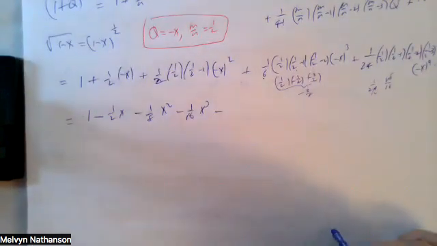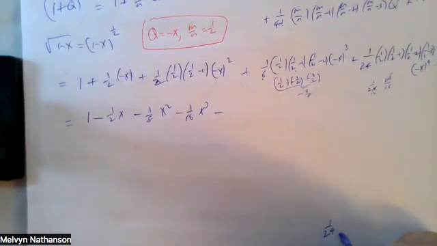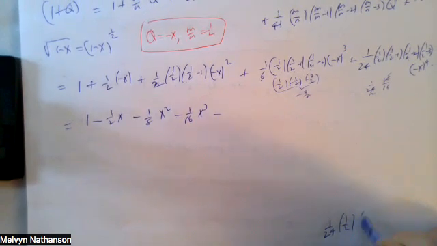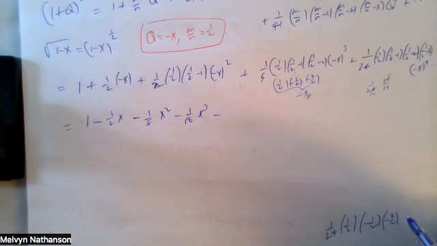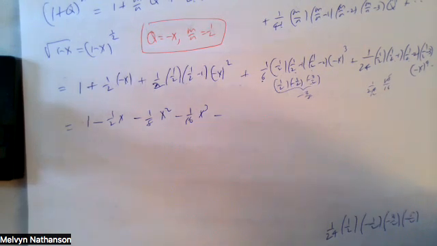Let me just do my arithmetic. Here I have 1 over 24 times 1/2 times -1/2. 1/2 minus 2 is -3/2. 1/2 minus 3 is -5/2.